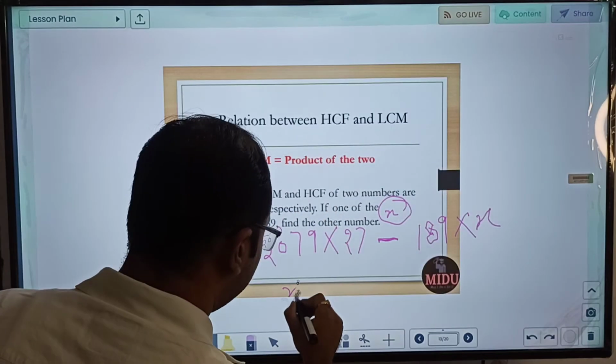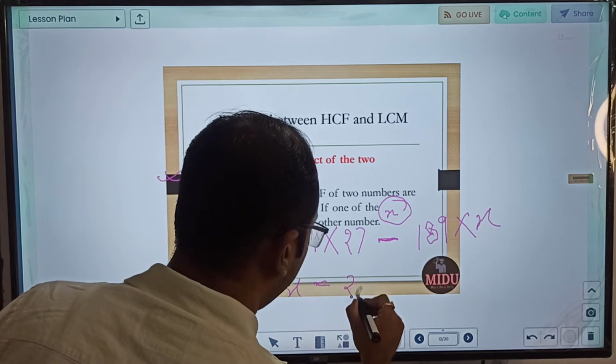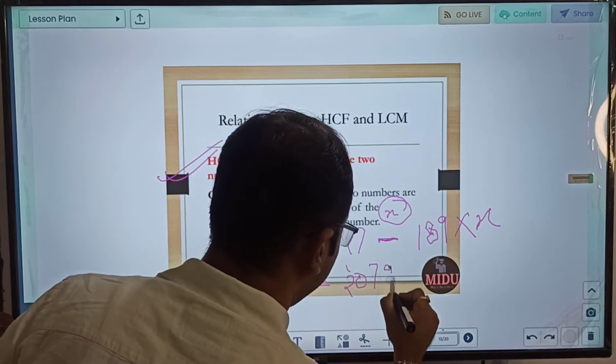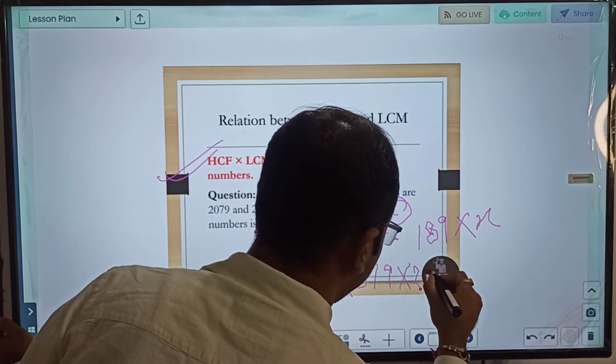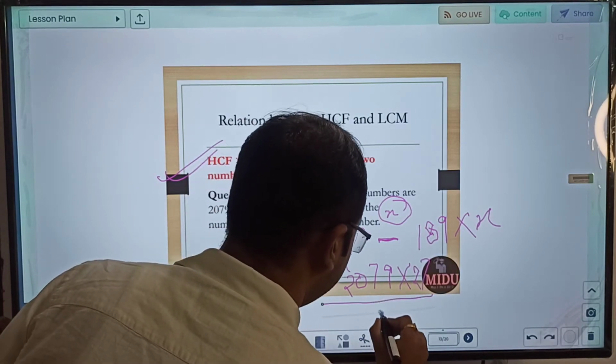So what will x be in this case? x will be 2079 multiplied by 27 and divided by 189.